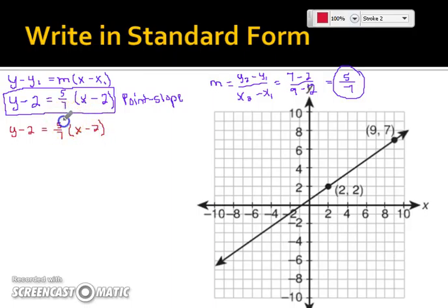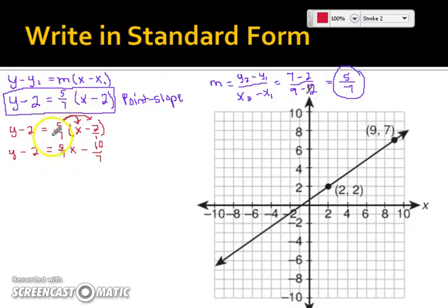Your first step, use your distributive property to multiply that slope through to both terms. So y minus 2 equals 5/7 x minus, and then 5 times a minus 2 is a minus 10. 7 times 1 is 7.